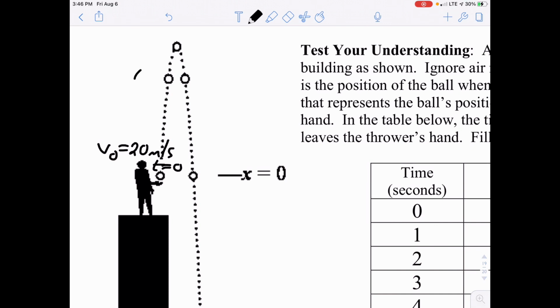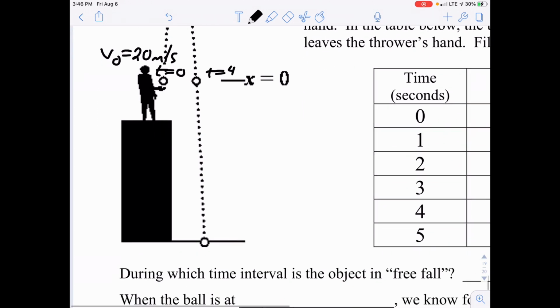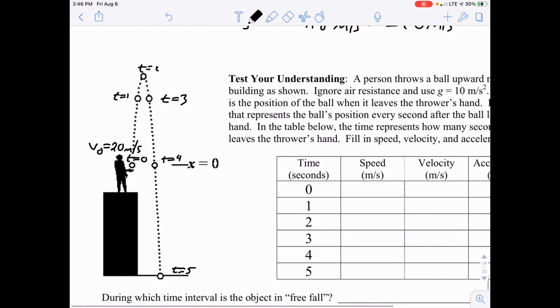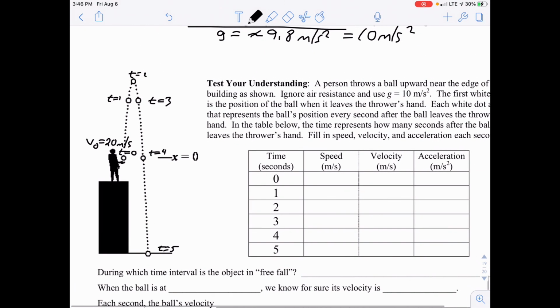This would be at time equals 1, time equals 2, time equals 3 seconds, time equals 4 seconds, and finally time equals 5 seconds, right? Now go ahead and pause the video and see if you can figure out what's happening to the changes in speed and velocity and acceleration as we go through this.